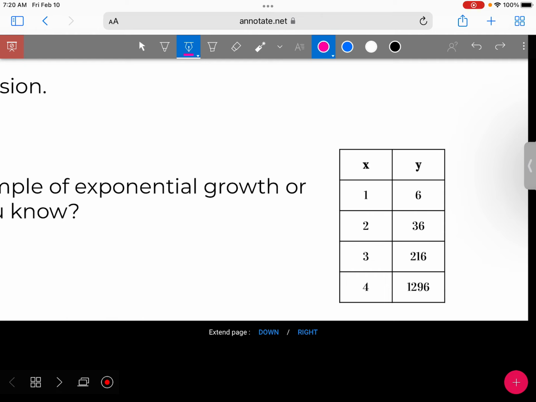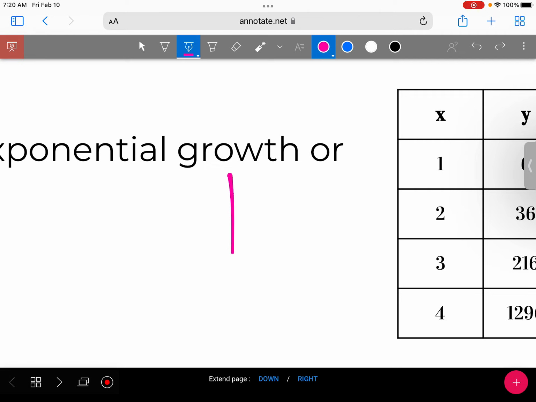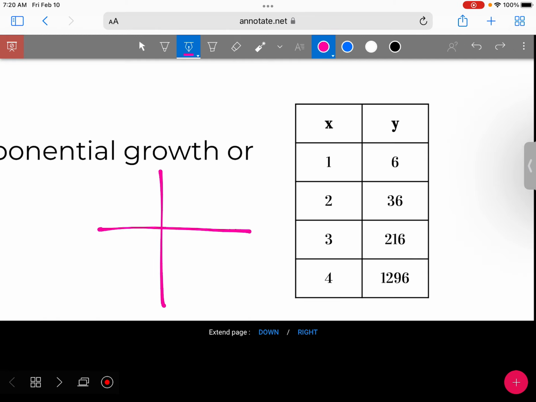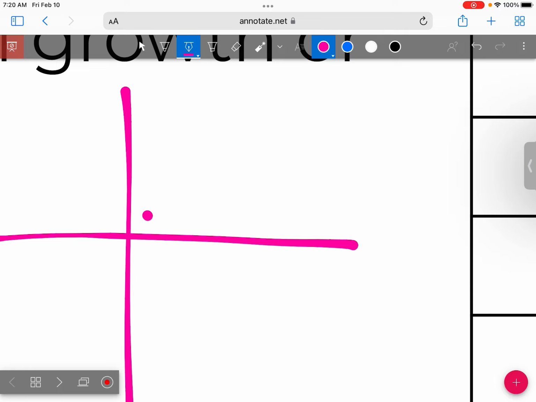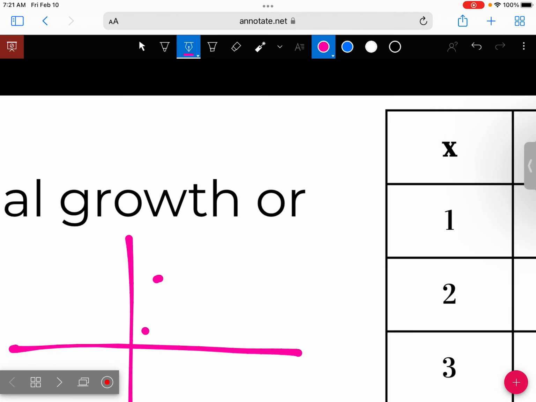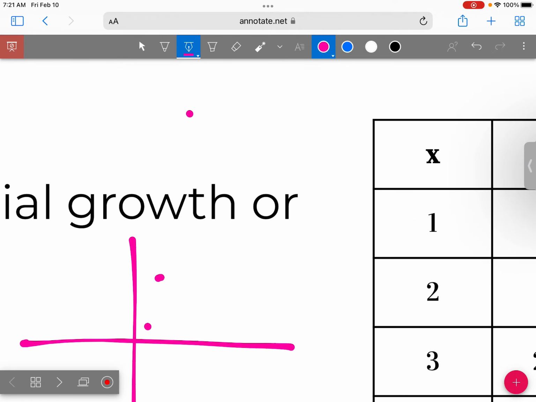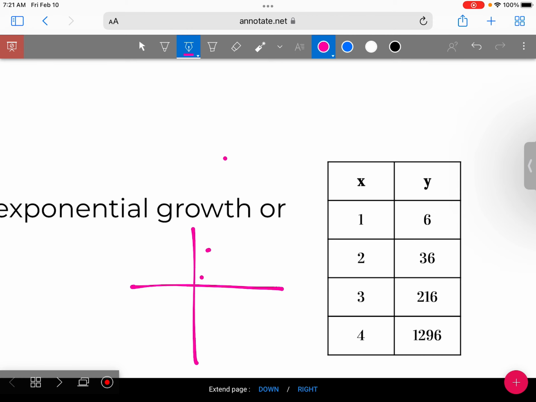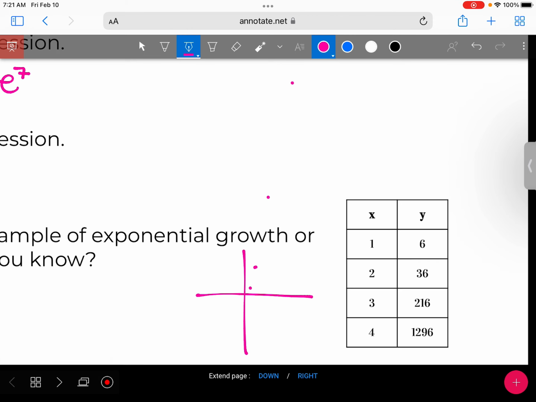What if you plotted the points, maybe? Yeah? So if I made a graph, I know that 1/6 would be like here, and then 2/36 would be like here, and then 3/216 would be like here, and then 4/1296 would be like way up here, right?